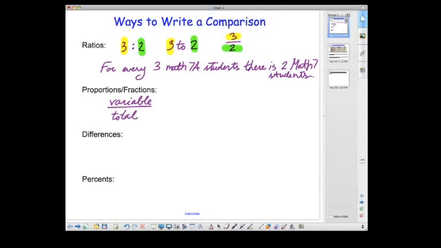So for example, if I'm still talking about my ratio, which is 3 to 2, accelerated students compared to Math 7 students, my proportion would be 3 over the total number of students, which is 5. And it tells me that out of 5 students, or I could say for every 5 students, 3 are enrolled in Math 7 Accelerated.